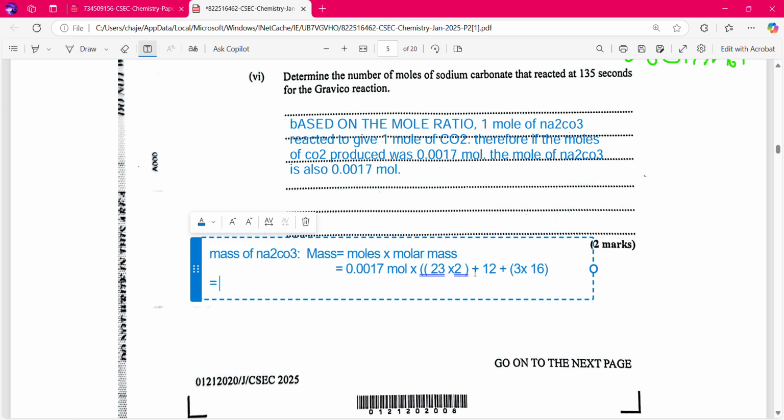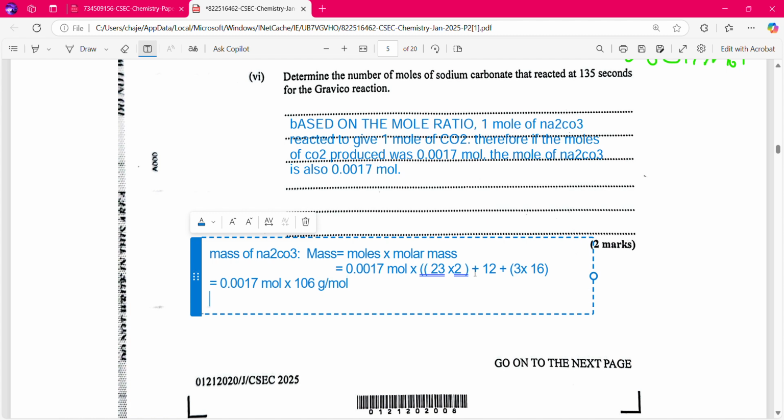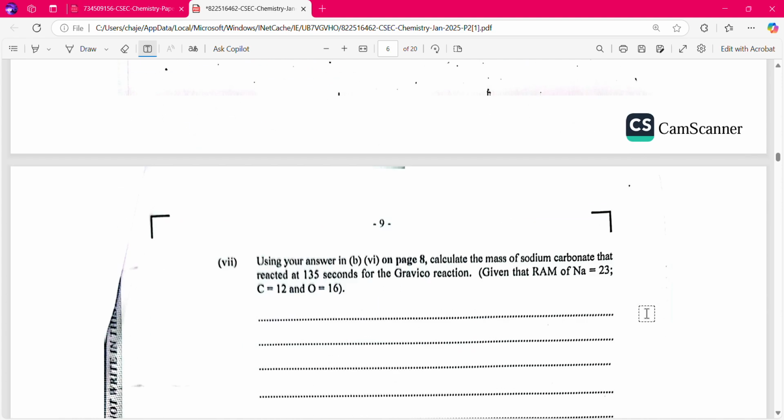And so we get 0.0017 mole times 106 g/mol. And that's our answer, in grams. And I think this question is complete like this.